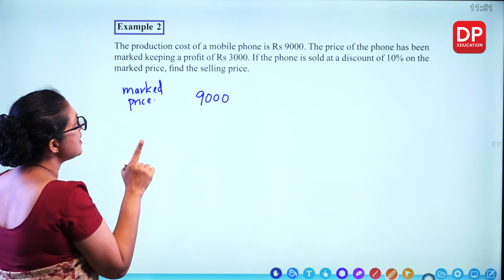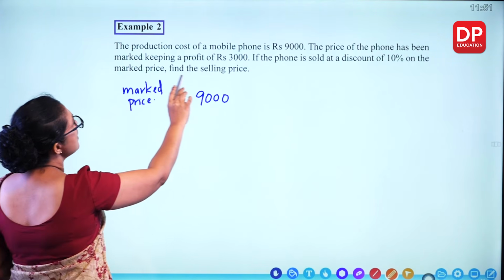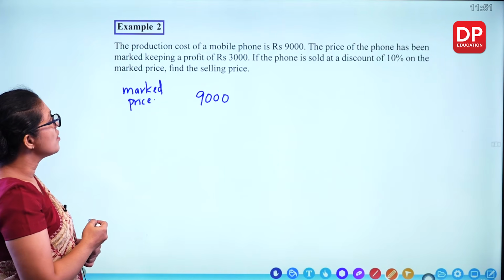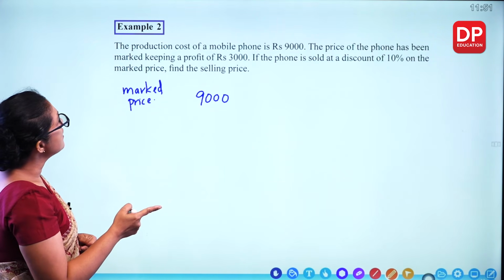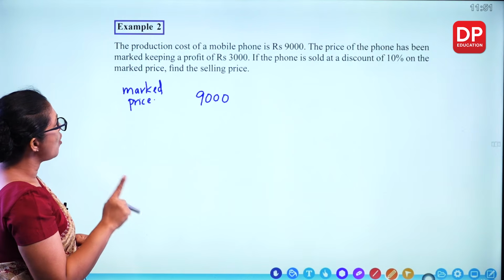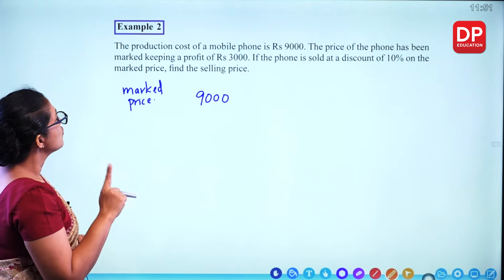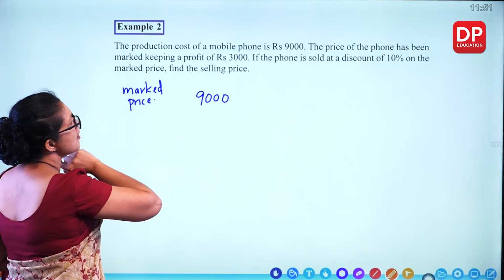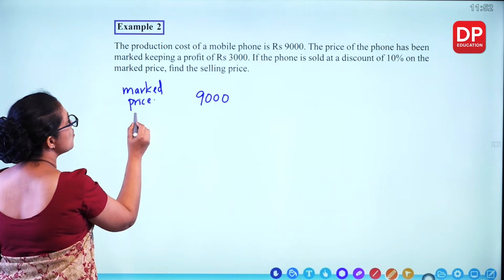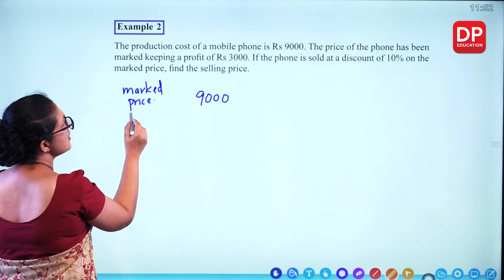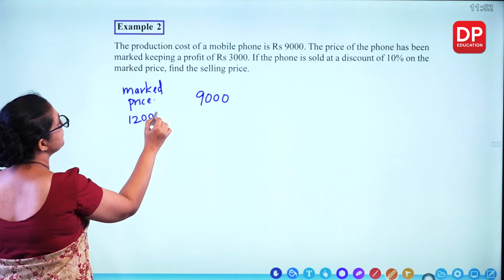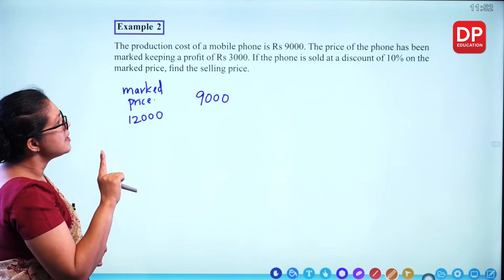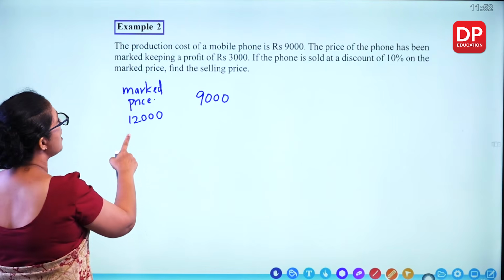Marked price is here profit of 3,000. So here 9,000 is the cost. So marked price is getting 3,000 profit, 9,000 plus 3,000, 12,000. That's the marked price. Now we have to find out 10% discount from the marked price.